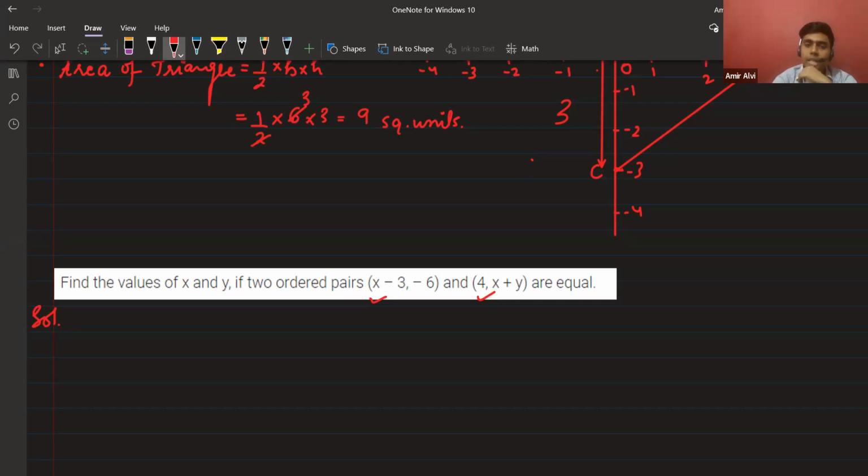Can we equate x-axis of this pair and x-axis of this pair? It's already said the ordered pairs are equal.